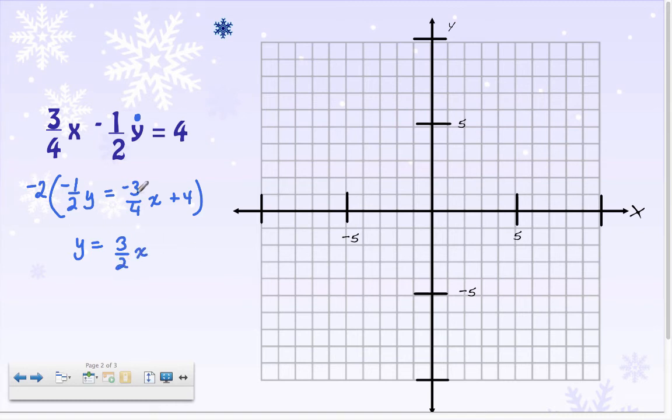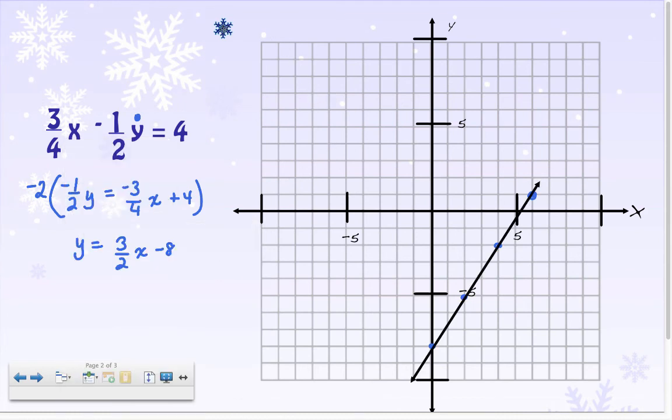And then -2 times 4 is -8. And there I have it. I can graph my line. -8, up 3, 1, 2, 3 over 2, up 3, 1, 2, 3 over 2, up 3, 1, 2, 3 over 2, and I have more than enough points now to draw my straight line.